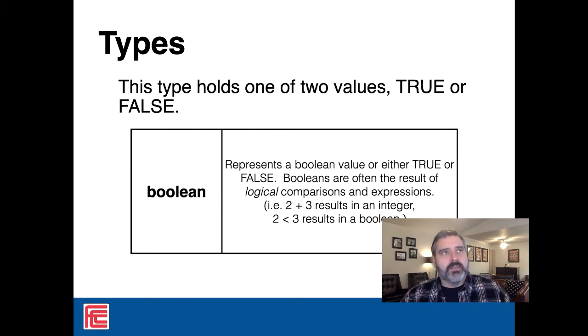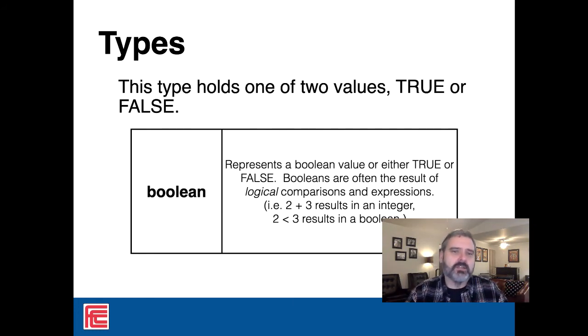And the reason for this is that if I have 2 plus 3, that expression would evaluate to an integer, right? 5, you know that. 2.2 plus 3.3 would evaluate to one of the floating point types, right? Probably a double. 5.5, right?